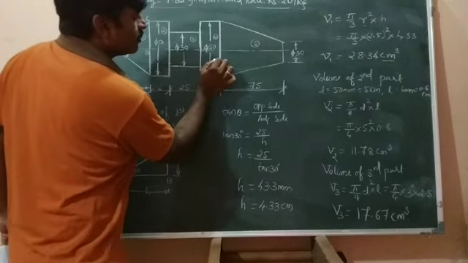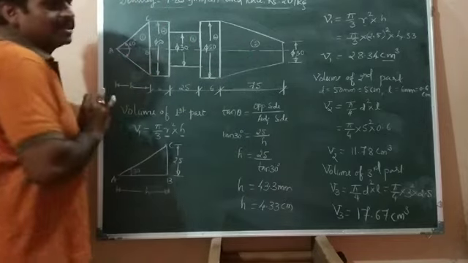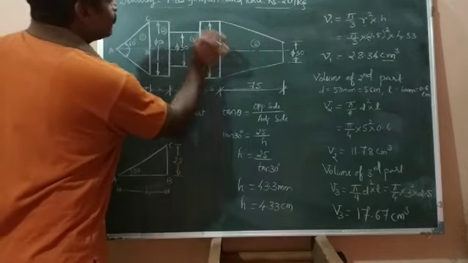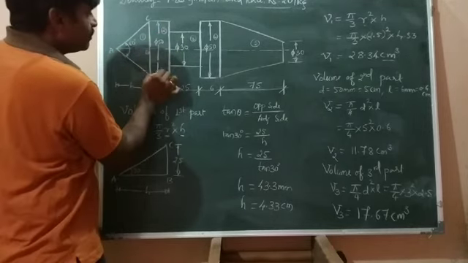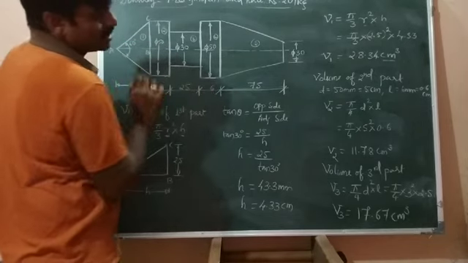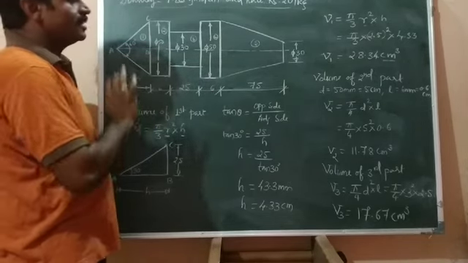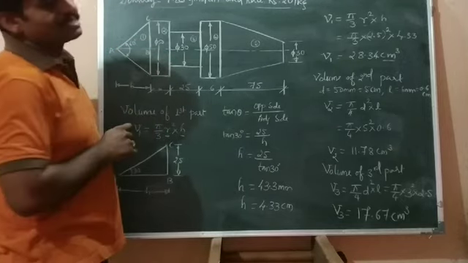So we found the volumes of the first part, second part, and third part. Still, we need to find the volume of the fourth part and fifth part. If you observe the figure very carefully, the second part and fourth part are the same. That means 50 mm diameter here also, and the length 6 here also the same. Therefore, it is not necessary to find the volume of the fourth part again. It is equal to the second part.